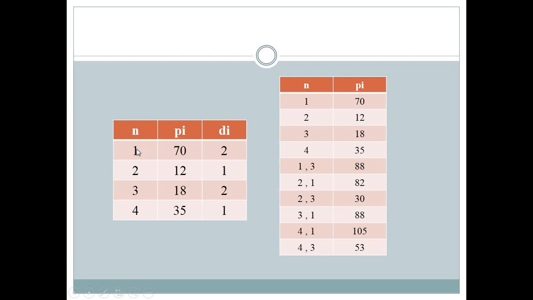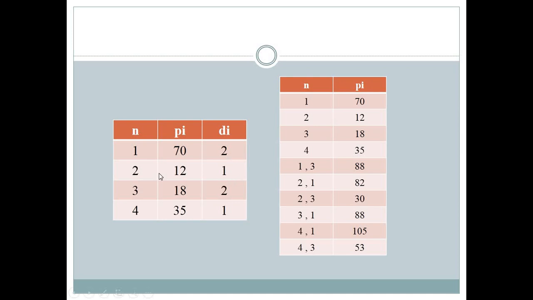Because we have already executed this job at 1 unit of time, and job number 2 and job number 4 have their deadline only at 1, so after it they will not give us profit.